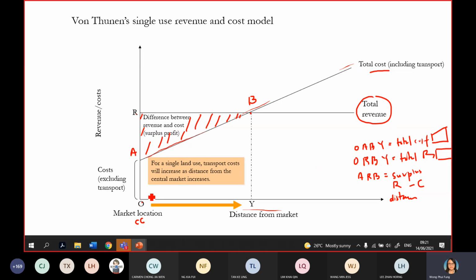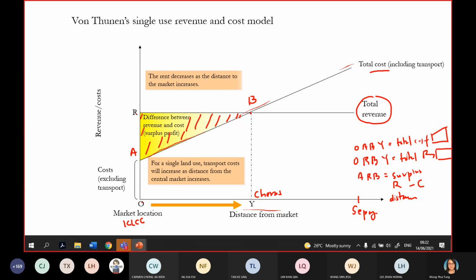Look at this one: for a single land use, transport cost increases as the distance from the central market increases. If you stay at Sepang, here maybe Cheras, here the KLCC area, you have to pay very high transportation costs to get access to KLCC as compared to Cheras.